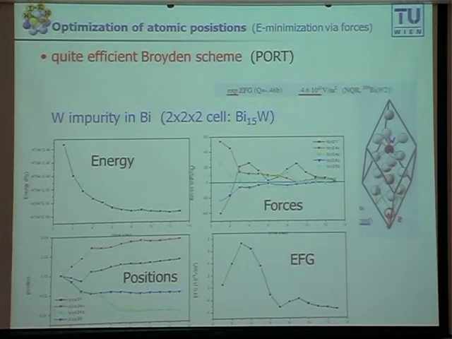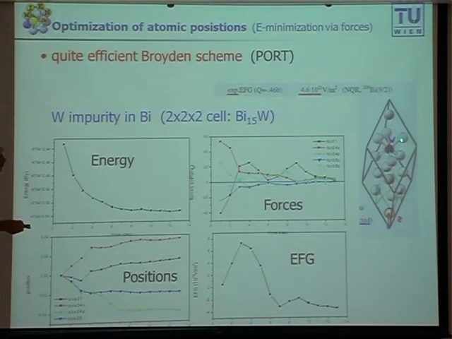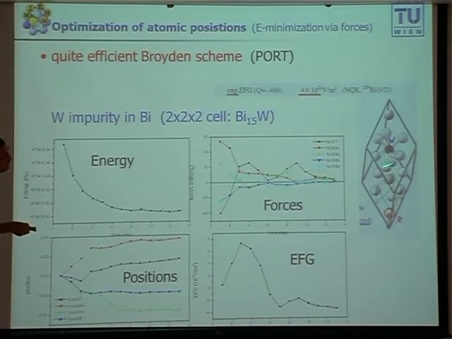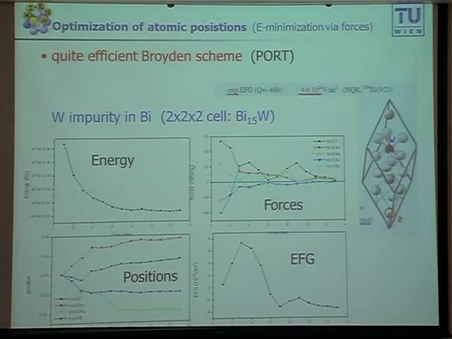And this can really have a severe impact on certain properties. The question here was, they have measured the electric field gradient on the bismuth atom with this tungsten impurity, which was minus 4.6, or well, plus 4.6 in these units.